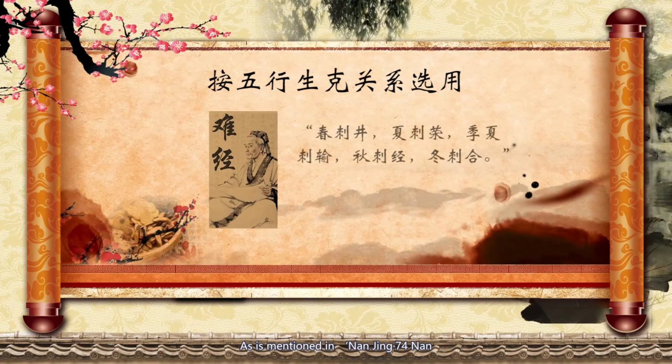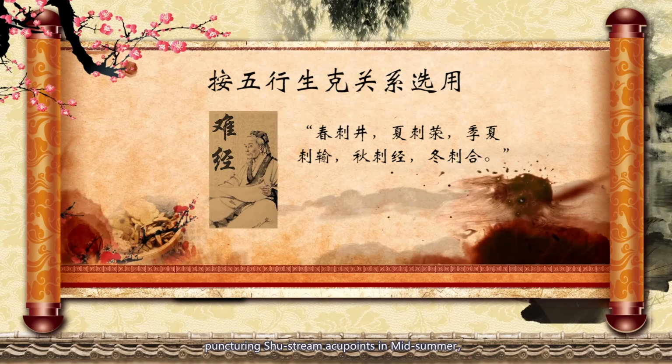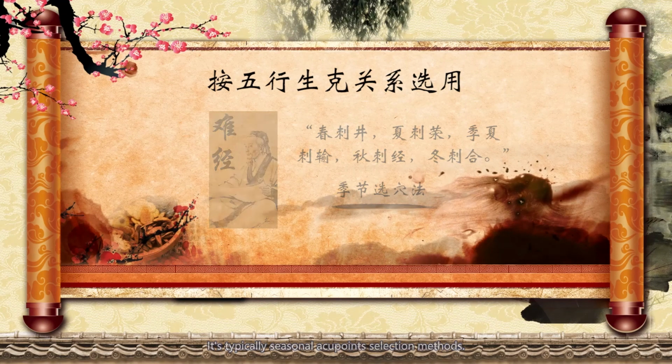As is mentioned in Nanjing 1749, puncture Jing well acupoints in spring, Yin spring acupoints in summer, Shu stream acupoints in late summer, Jing river acupoints in autumn, and He sea points in winter. It is a typical seasonal acupoint selection method.